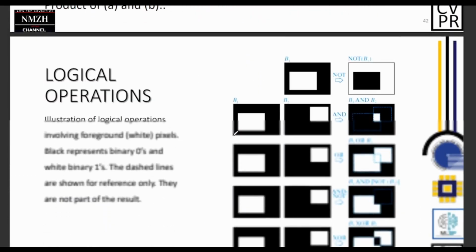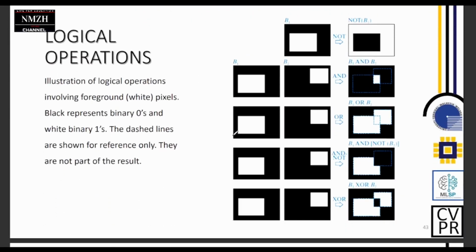Okay, logical operation. This is what we talk about: we try to invite Boolean expressions, or logic operations, into image processing.